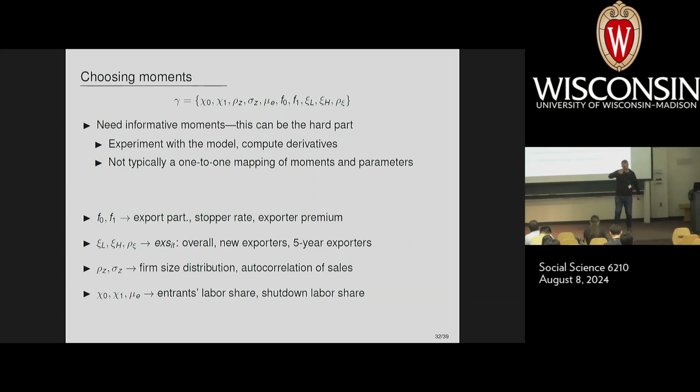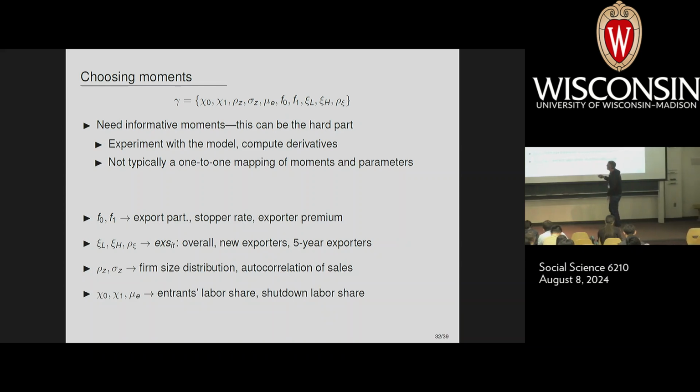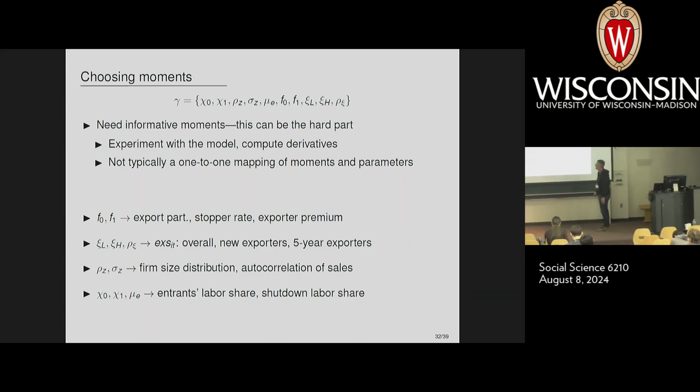So somewhere in between, I'm going to get to stuff like the export participation rate. The stopper rate depends on lots of stuff, but also on how big the continuation cost is. And then we talked earlier about the exporter premium, right? How the difference between F0 and F1 determines, or is one of the things that determine, how big firms are.